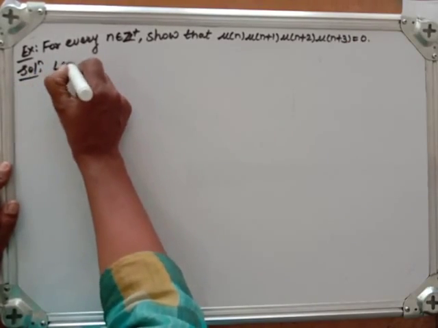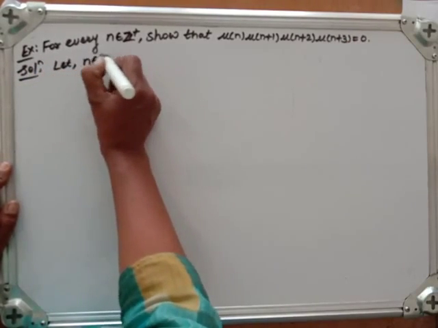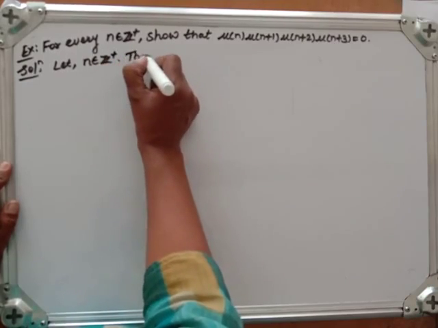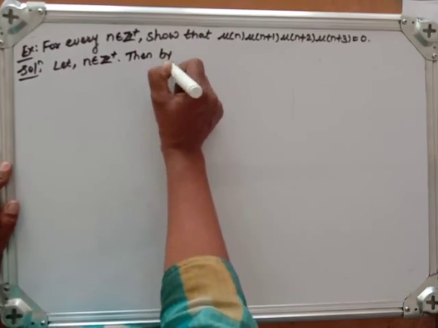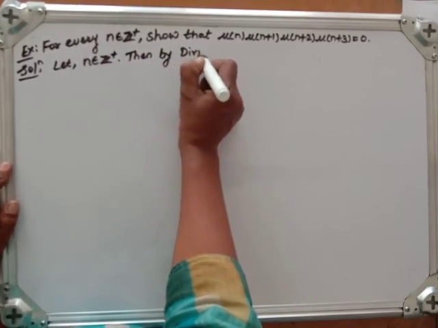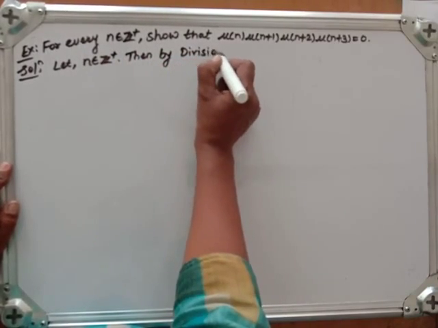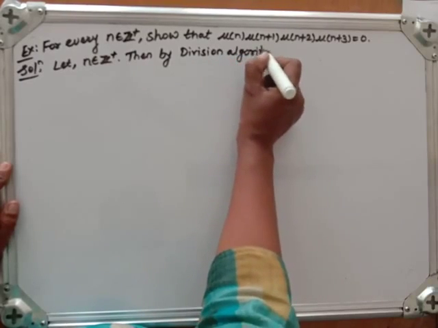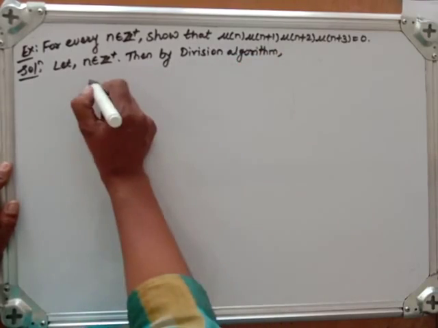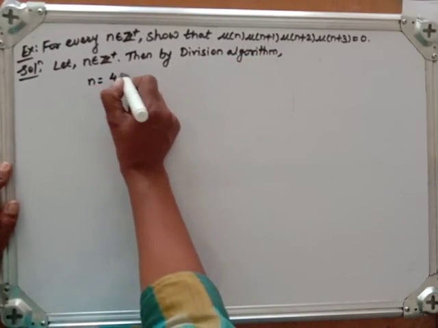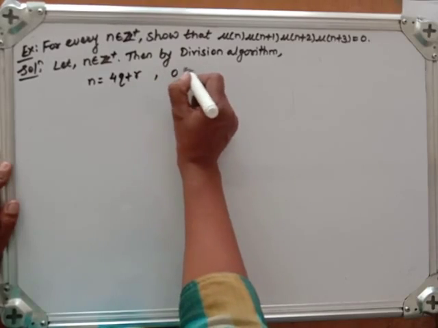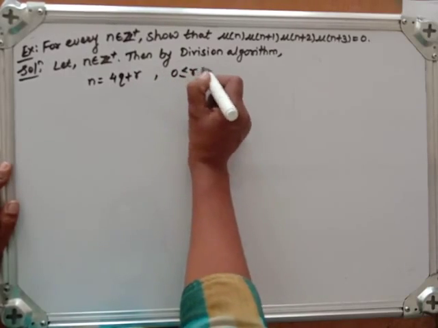Let n be a positive integer, then by division algorithm n is equal to 4q plus r, where 0 less than or equal to r less than 4.